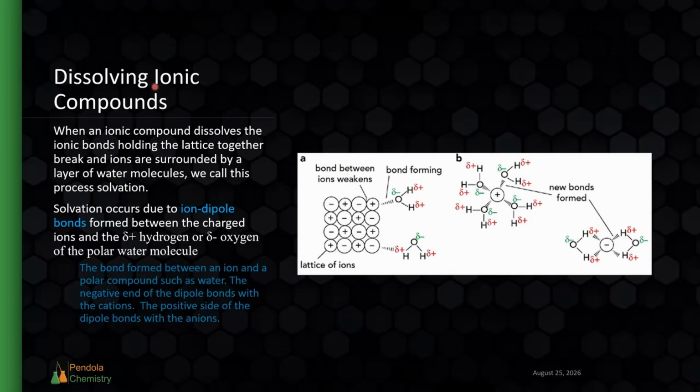So what exactly happens when an ionic compound dissolves? Because this is very key to why enthalpy change of solution could be either positive or negative. When an ionic compound dissolves, essentially the ionic bonds are going to break. So when we have the ionic lattice here and a compound starts dissolving, the ionic bonds between the ions break.